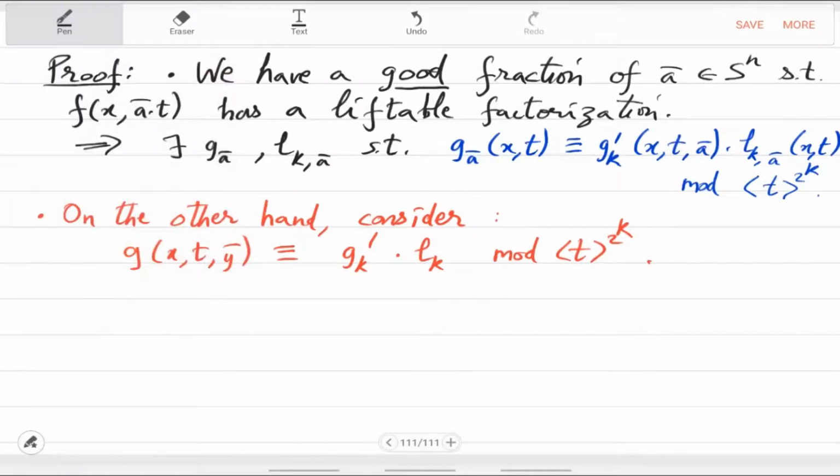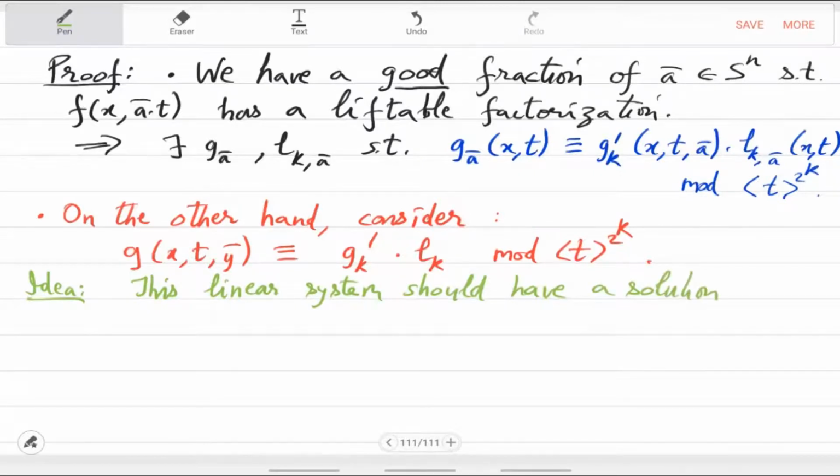This is why we have been trying to connect y bar with a bar. So it should have a solution since, for most y bar fixed to a bar, the system has a solution.